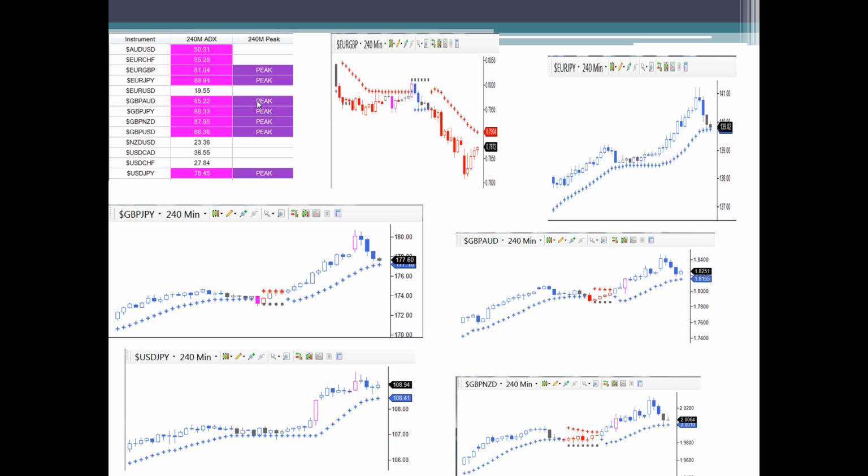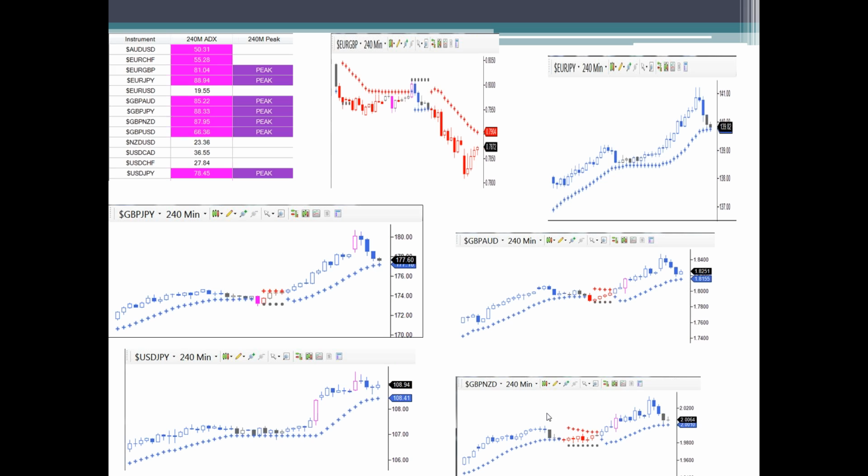You got a magenta peak on there. Started at 84.00. It's come down to 81. Well, let's just say 82.00. Okay. Do you think you could have taken profits there, guys? That's 200 pips. And we told you in advance this is where it's going, okay?